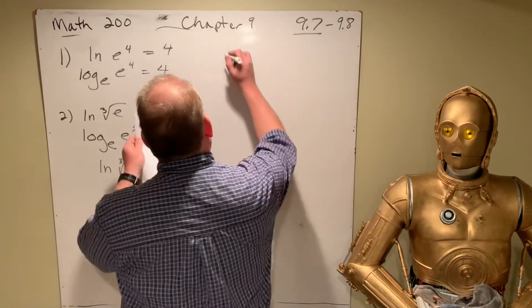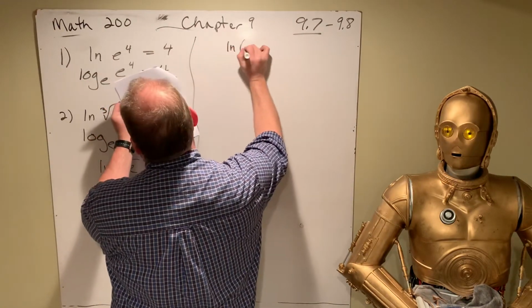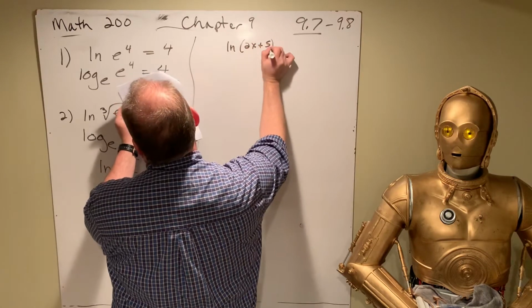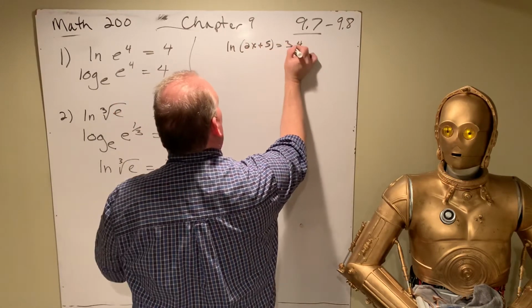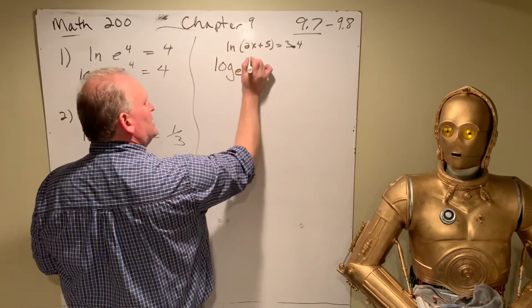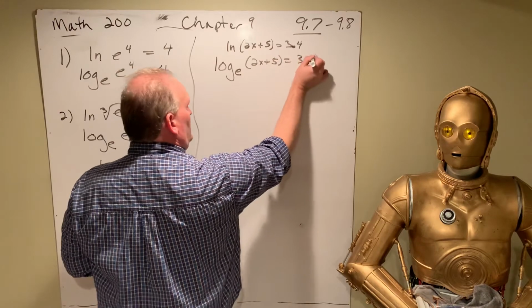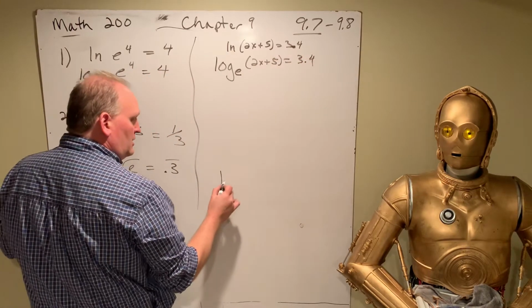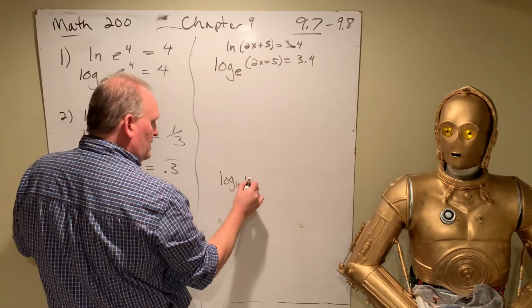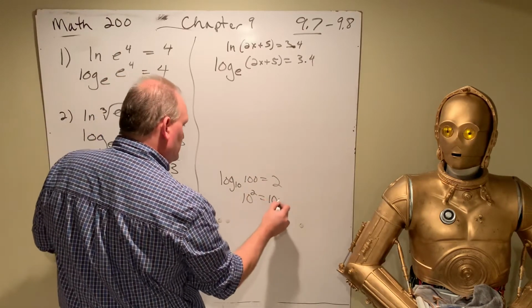All right, let's look at solving an equation with E. ln of 2x plus 5 is equal to 3.4. So look, this is log base E of 2x plus 5 is equal to 3.4. Remember, log base 10 of 100 is 2, because 10 squared is 100.